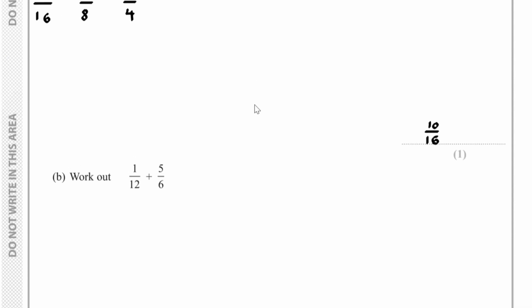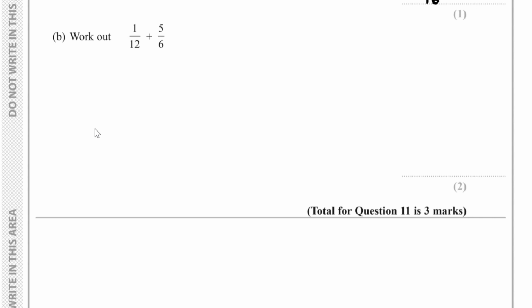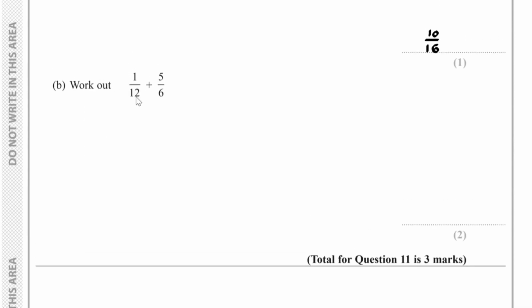For part B of the question, we have to work out 1/12 plus 5/6. What we can do here is write the 5/6 so we've got a denominator of 12. And the reason for that is because if we have the same denominator, we can quite simply add the numerators. And so 5/6 in terms of twelfths is 10/12.